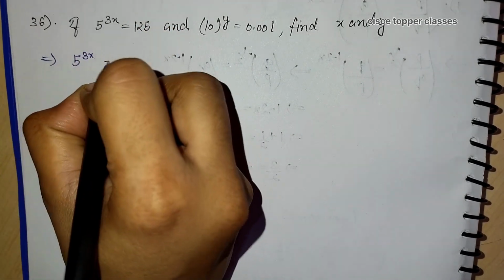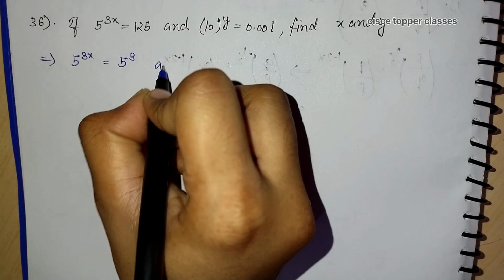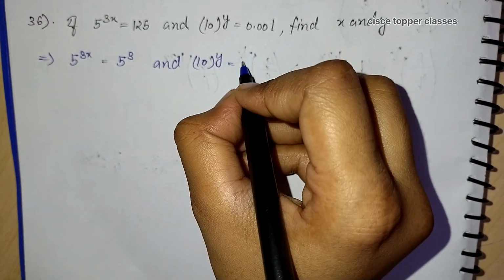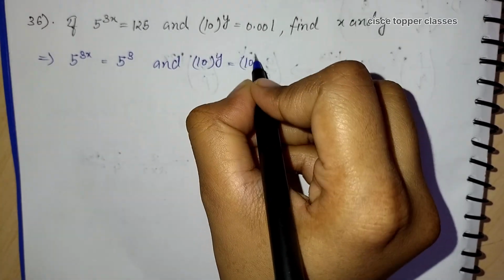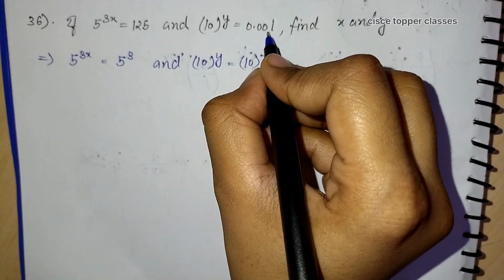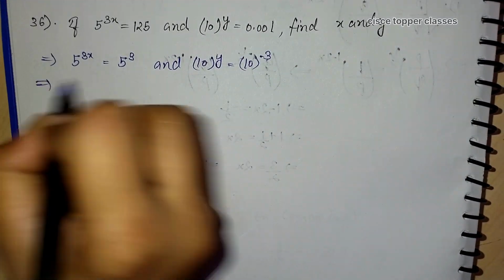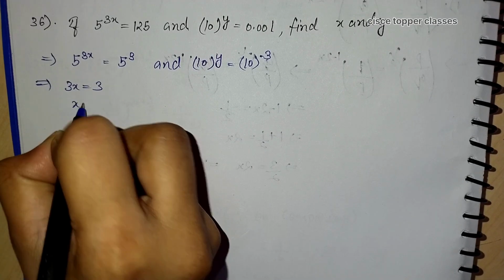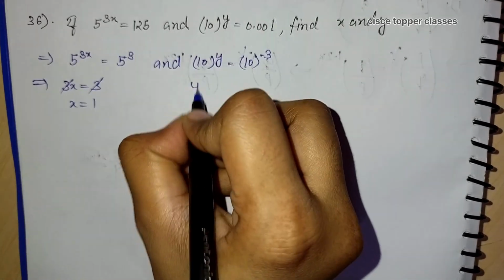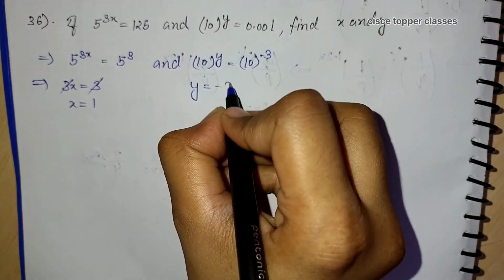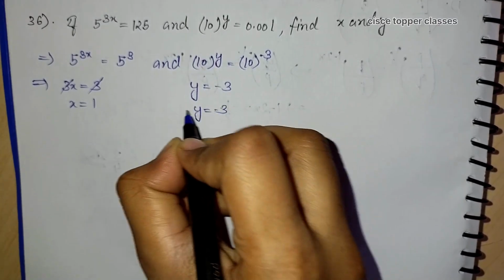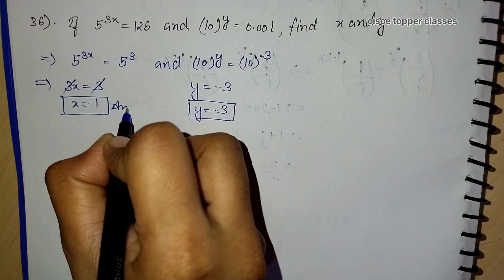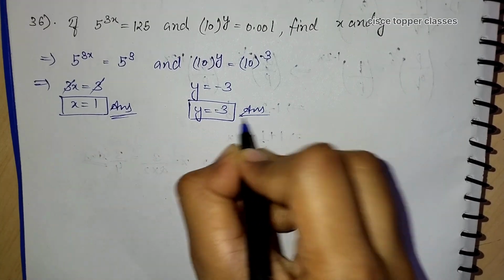So 5 to the power 3x equals 5 to the power 3, and 10 to the power y is equal to 10 to the power minus 3. Now we have to find the values of x and y. From here 3x is equal to 3. So x will be 1 on cancelling, and y, on comparing the powers, is equal to minus 3. So this is the value of x and this is the value of y. Hence this is the answer in this question.